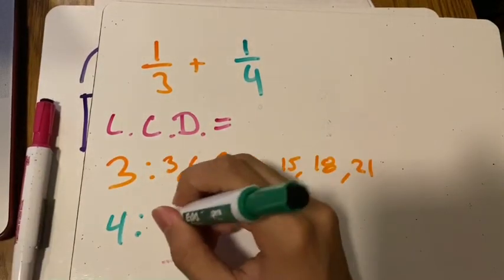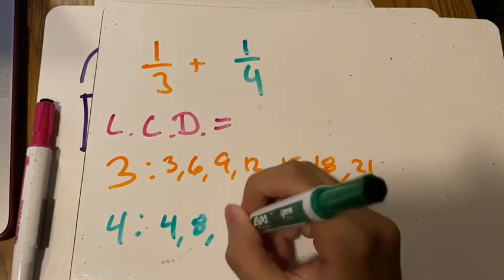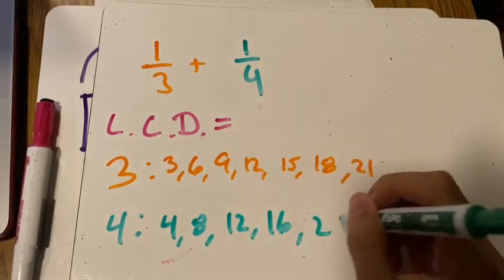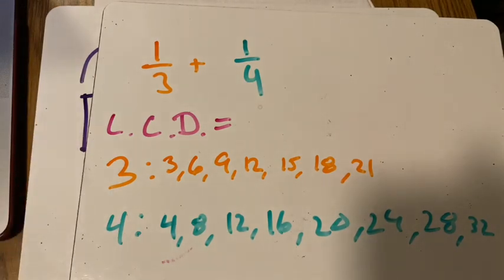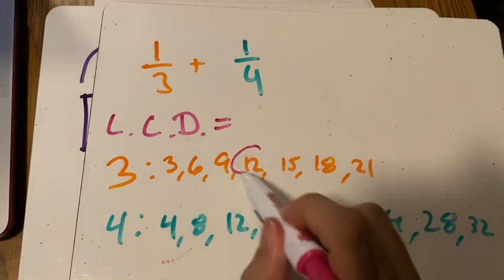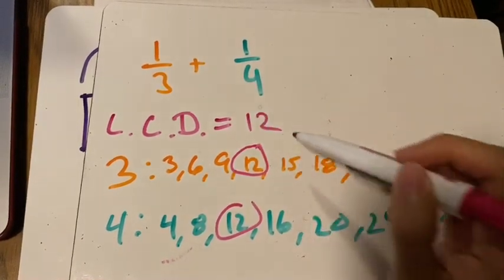Next up I have 4, 8, 12, 16, 20, and I'll stop right there. You know what? Let's go up to 24 actually. You know what? 28. You know what? 32. But anyways, do you see any number that they have in common? Yes, I do. I see that they have this 12 in common. So 12 is my least common denominator.